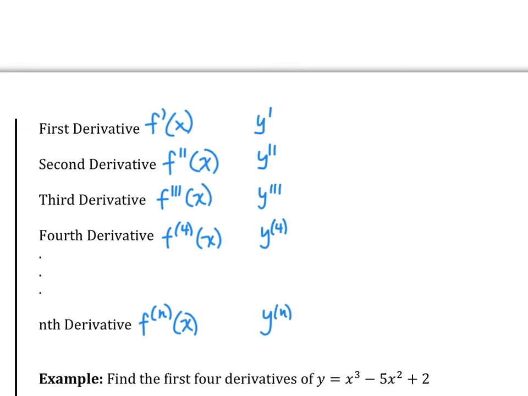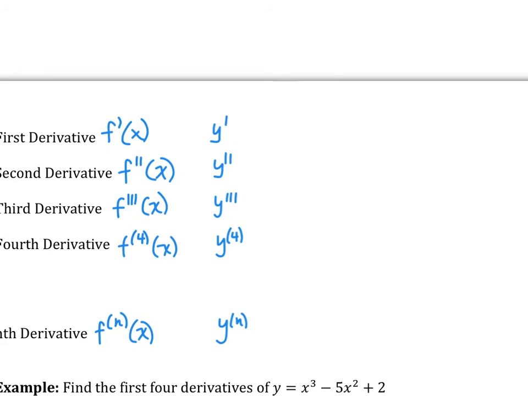Now in terms of d dx, dy dx is the derivative. If we want a second derivative, here's how you write it: d squared y over dx squared, like that. Then the third derivative, d cubed y over dx cubed.